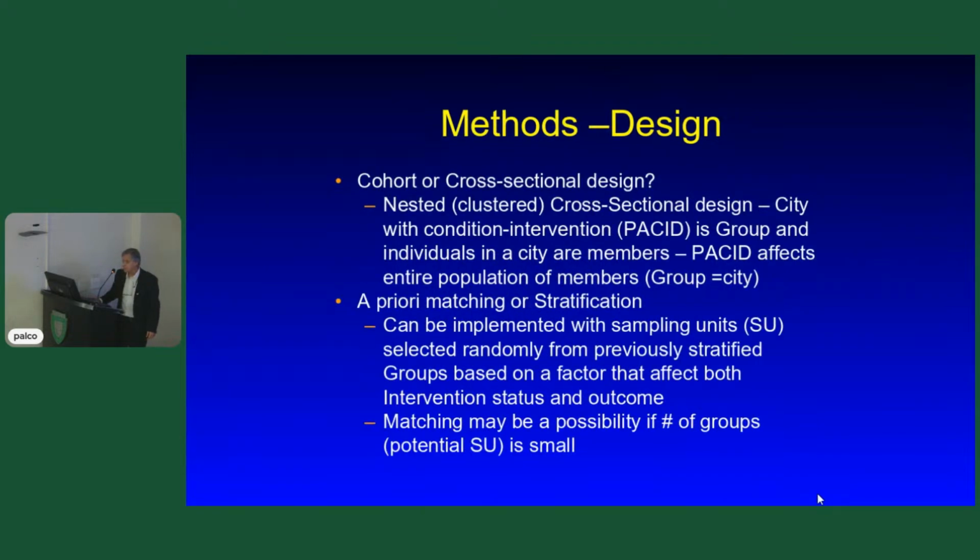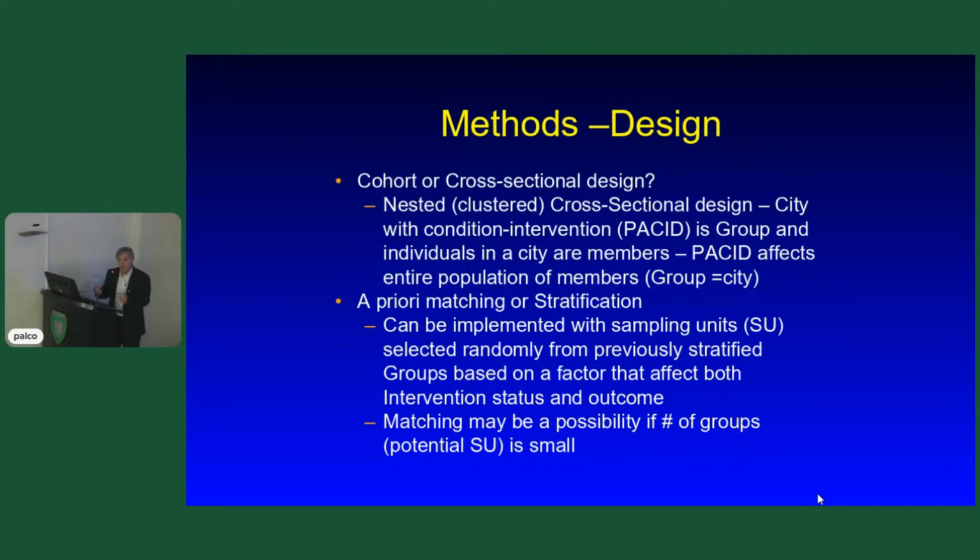Okay? So is that a cohort or cross-sectional stepwise quasi-experiment? In nature, I didn't do it. I designed it, taking advantage of the intervention being rolled over as a step wedge. So it's a nested cluster cross-sectional design because each city is a cluster and I'm sampling their residents across all the 185.